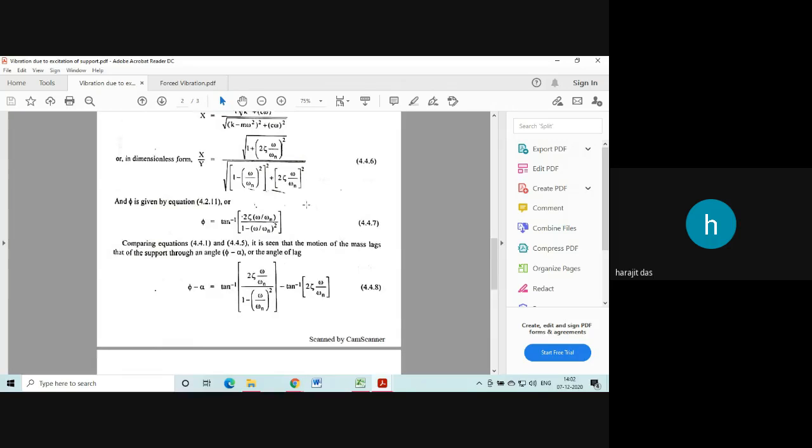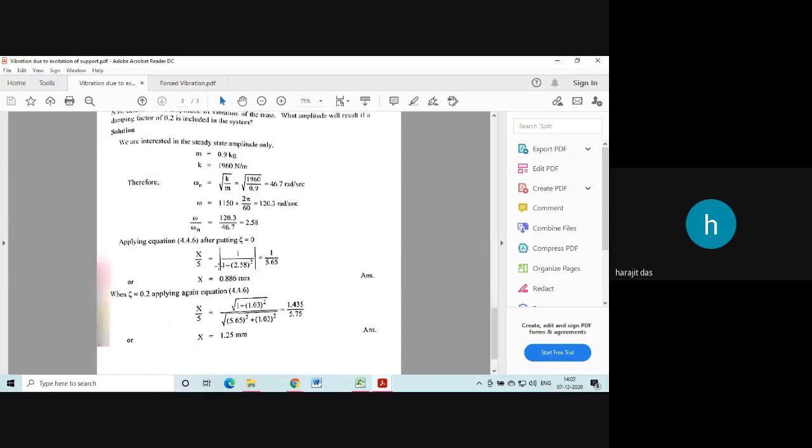Simply take the modulus sign, because otherwise sometimes it may come out negative because of direction. Whatever negative value comes will be converted to positive. So if you calculate, it will come as 0.886.